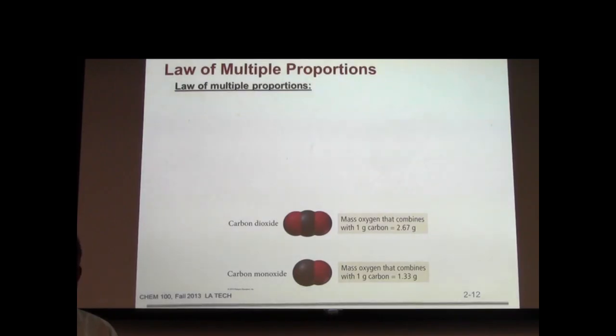That is explained by the law of multiple proportions. Therefore, this is the prelude to getting the idea. We haven't seen the atoms, nobody saw atoms. But you begin to see there's a particle, all right? So that's the prelude to Dalton's atomic theory.